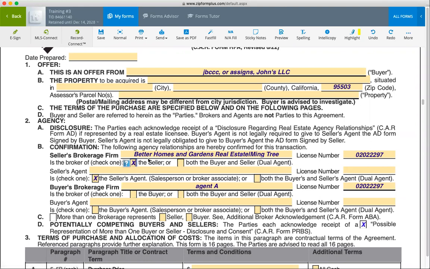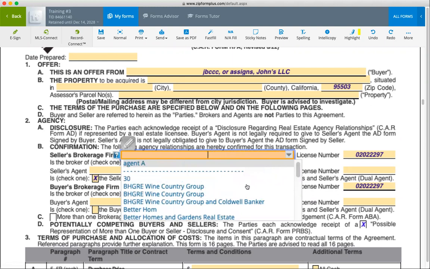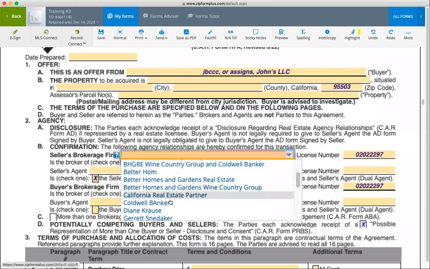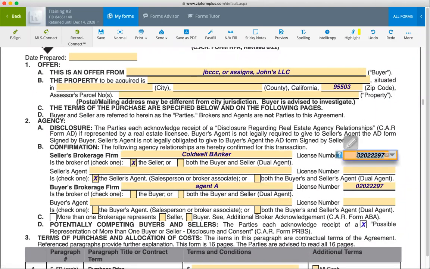Well, let's say, because you're writing this up for a buyer, let's have the seller's brokerage firm be Coldwell Banker Kicks. And then their number would go in here.